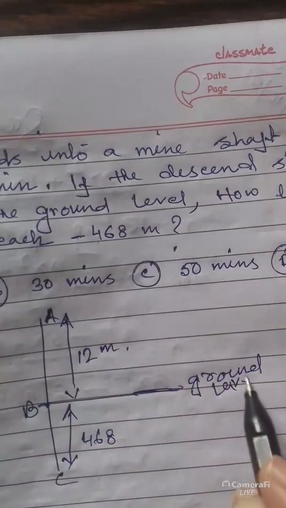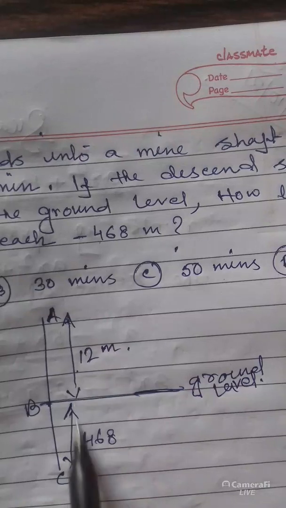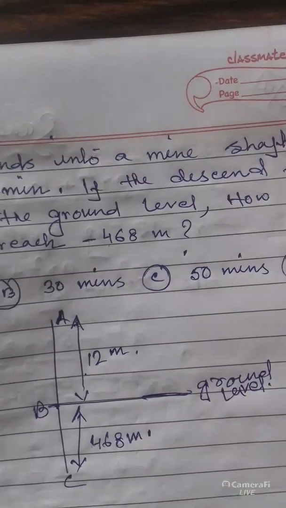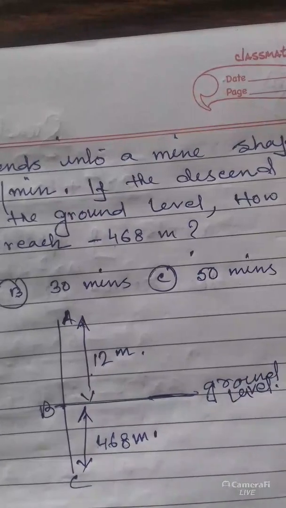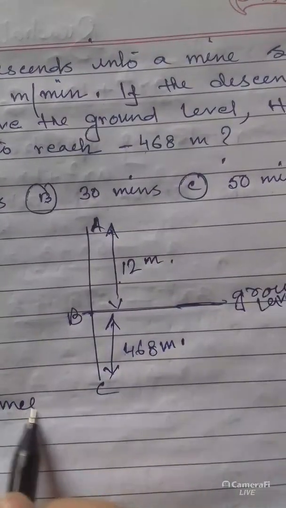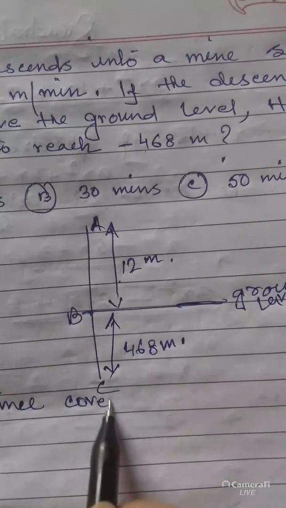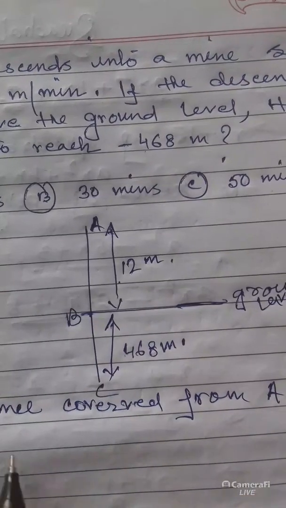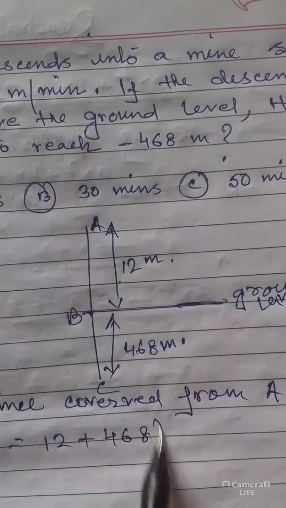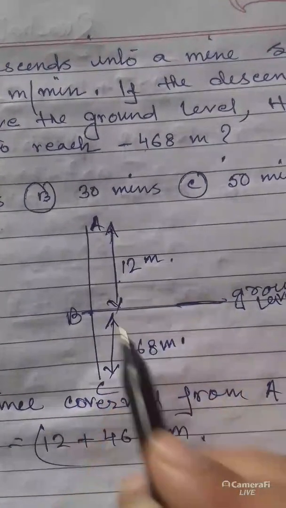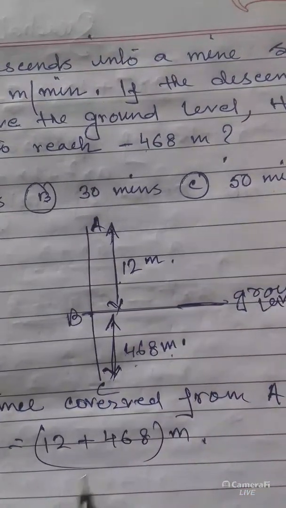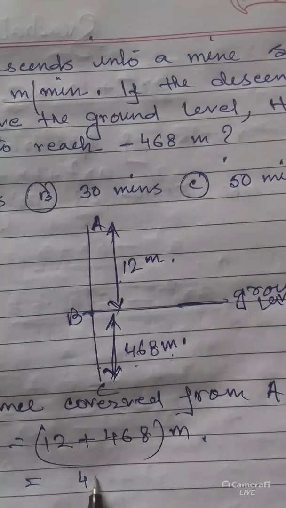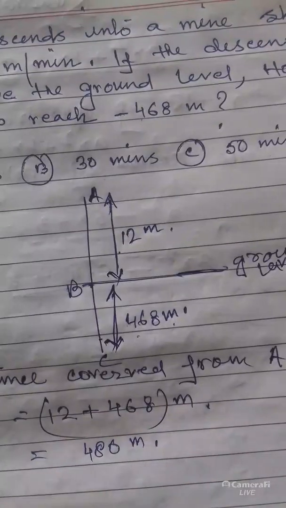Above the ground level is 12 meters and below the ground level is 468 meters. So the total distance covered from A to C means 12 plus 468, which is 480 meters, and the speed equals 8 meters per minute.